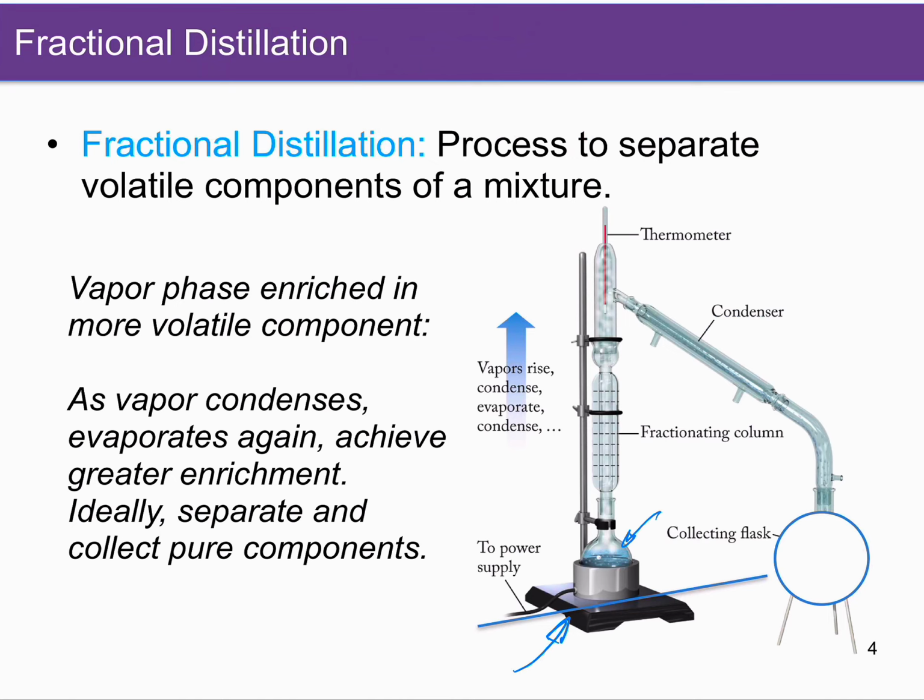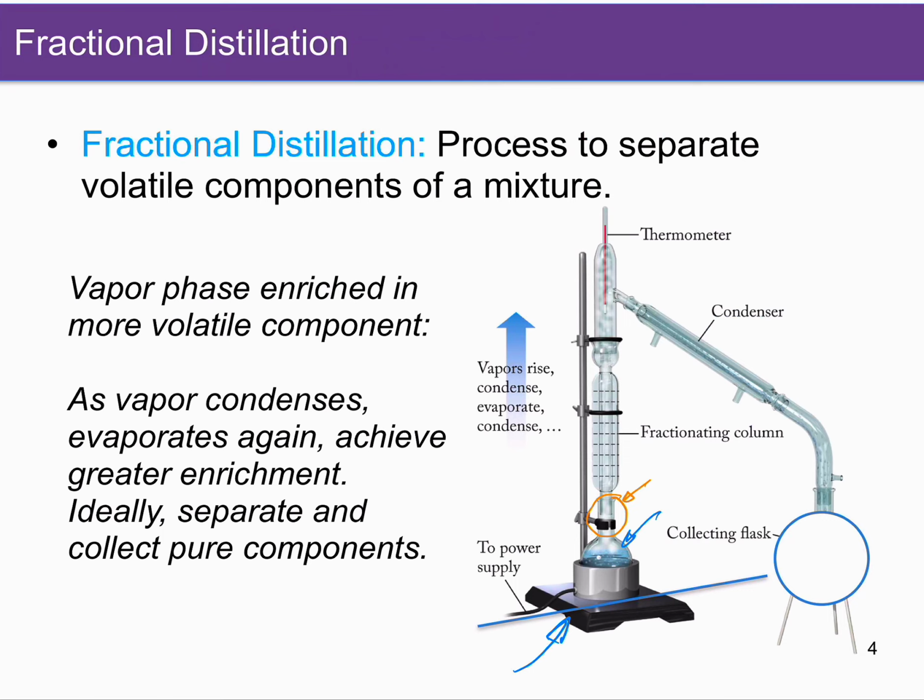Since ethanol has a higher vapor pressure but a lower boiling point, as the solution heats up, the vapor that accumulates above the liquid is going to be more enriched in ethanol because it has a lower boiling point. So as that mixture evaporates, we have a more enriched ethanol component in the vapor phase.